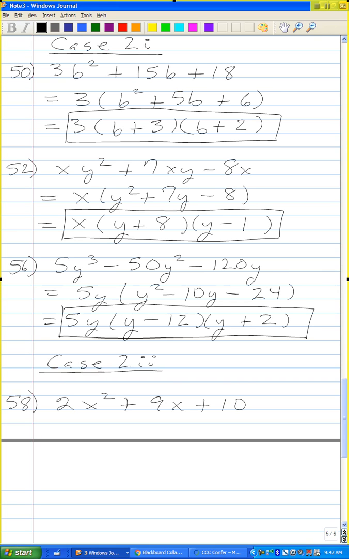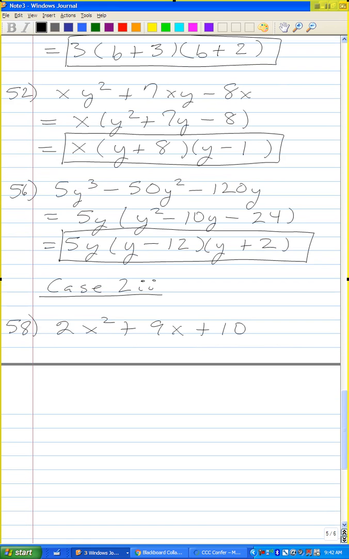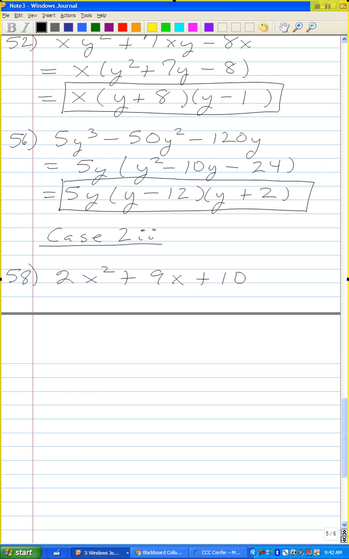So maybe what I'll do is I'll give you a reason. So note the following. And this will be the reason that all of these techniques will work.